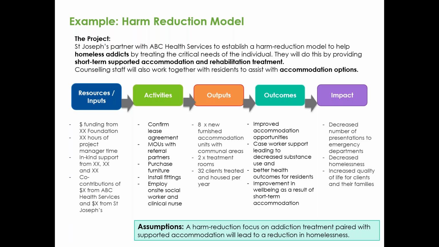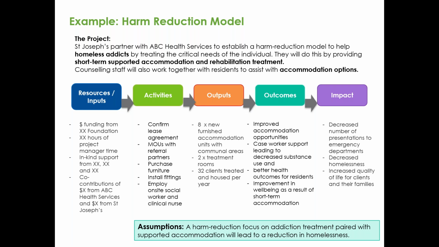So what might some output examples look like? We're going to have 8 new furnished accommodation units with communal areas. There's going to be some treatment rooms, and we're going to be able to treat 32 clients and house them each year. What the outcomes are going to be, we're going to have improved accommodation opportunities, so there is a change.